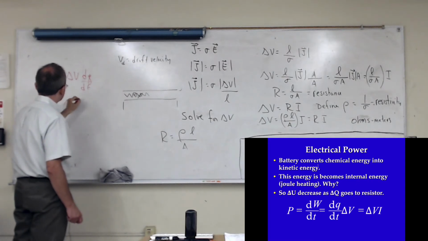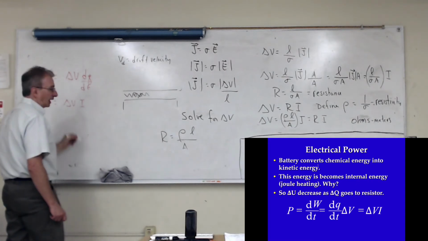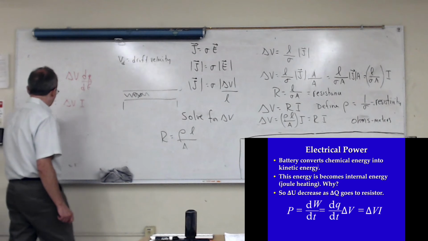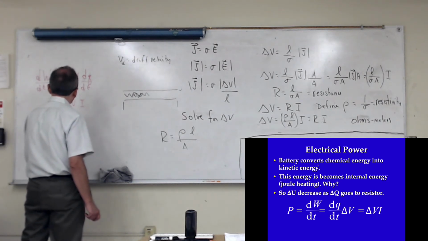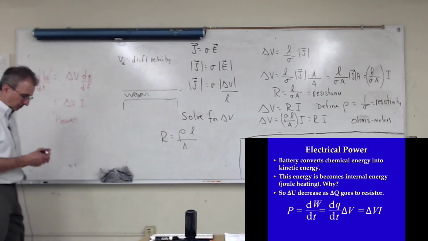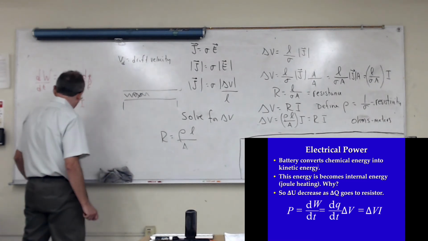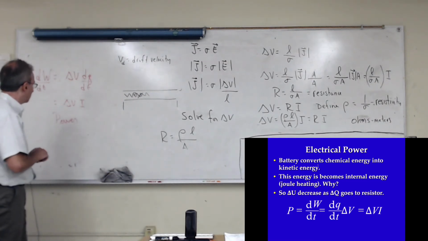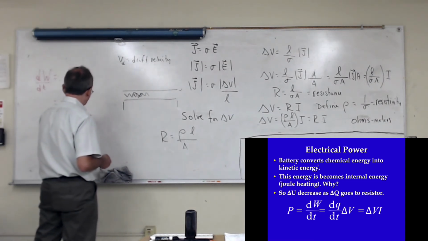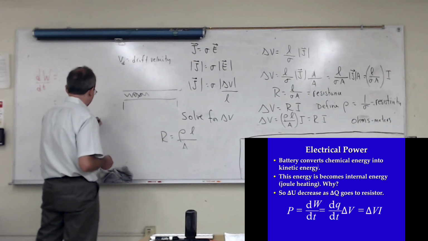Delta V times I. So delta V times I is the power. This is a definition. It's not a special law. Okay, so delta V times I is power, and the unit is the joule per second, or the watts.